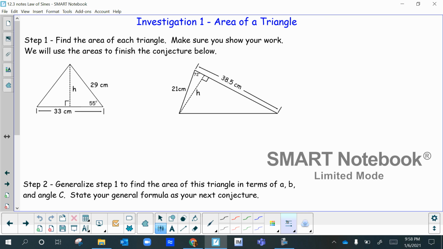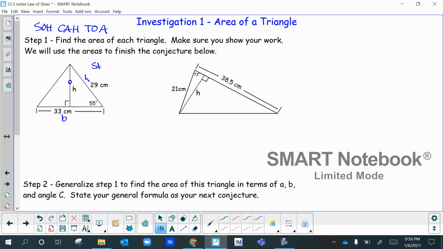Okay, so let me get my pen, and we're going to find the area of both of these. So in order to find the area of this first one, this is going to be my base, and that's my height, which is not labeled, so I have to find it using trig. This is the opposite, and this is the hypotenuse. So O and H come from SOH CAH TOA. So sine is what I want to write down.